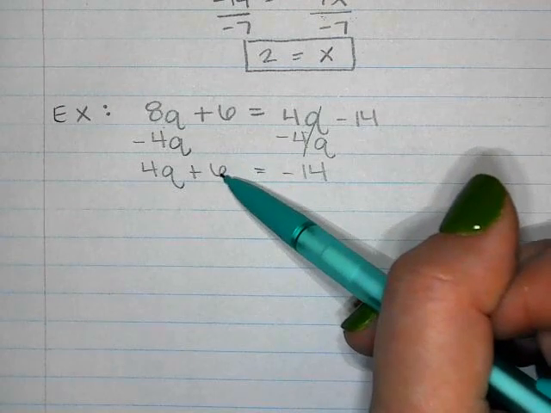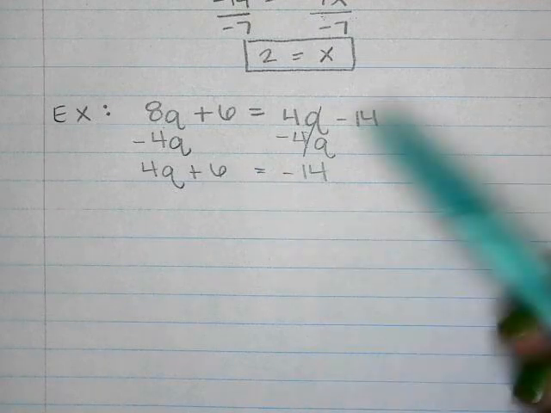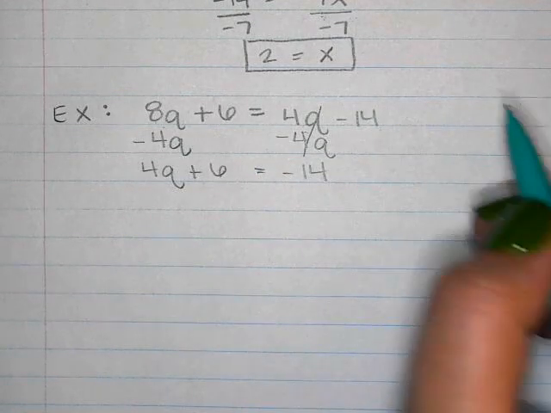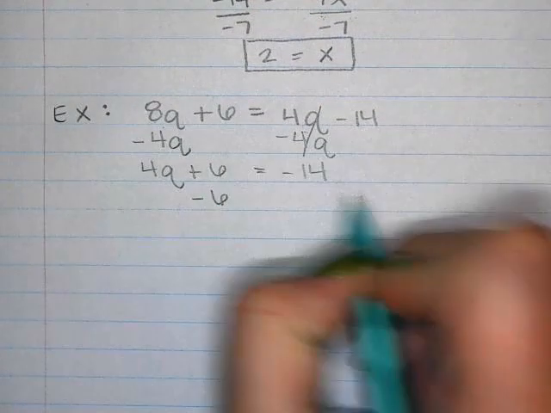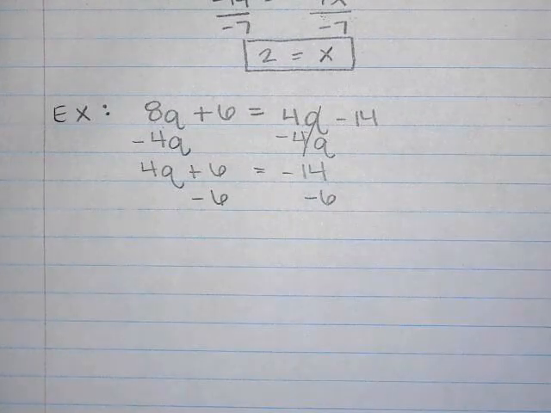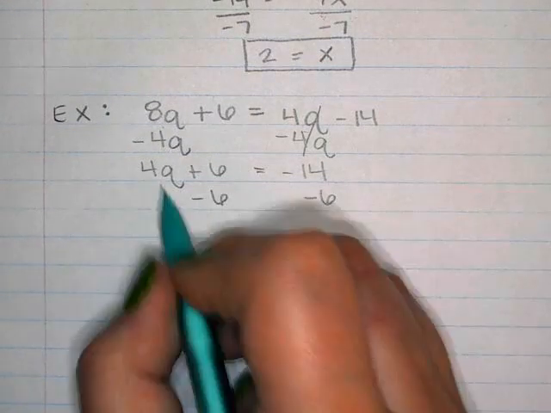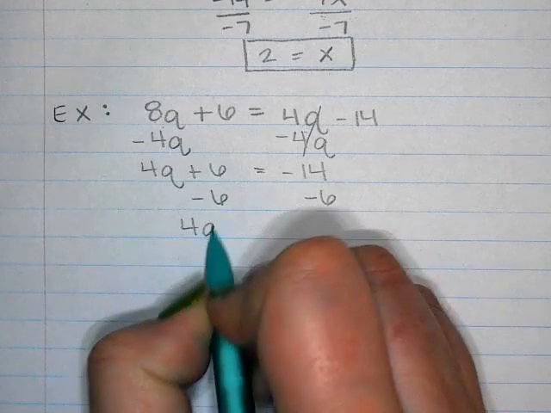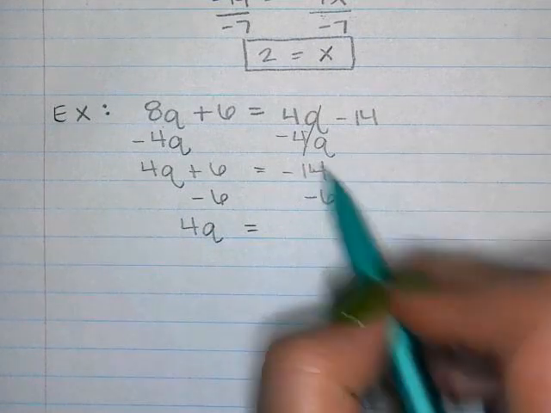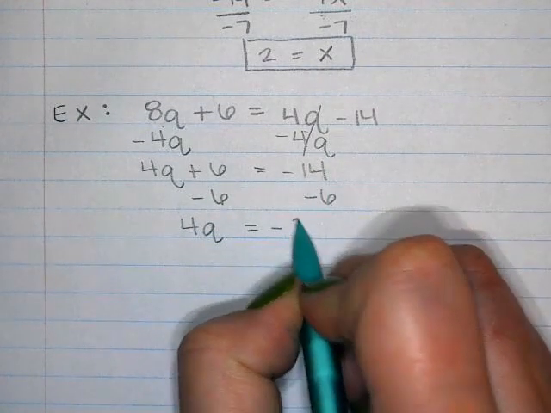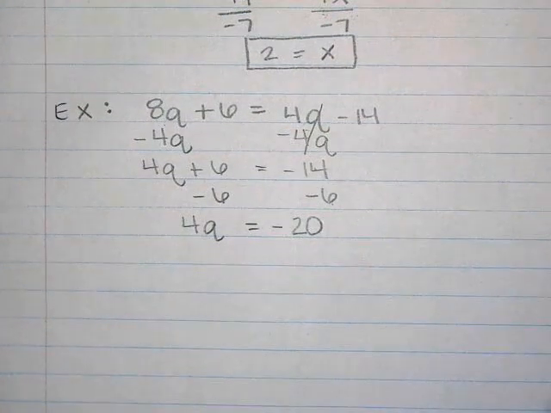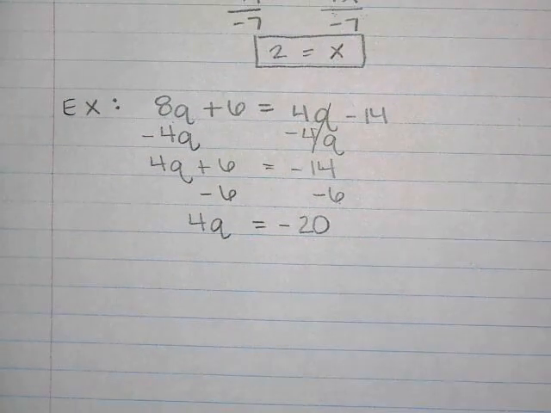How do we move a positive 6? We're going to subtract it. Okay, so negative 14 minus 6 gives you negative 20. Divide by 4.